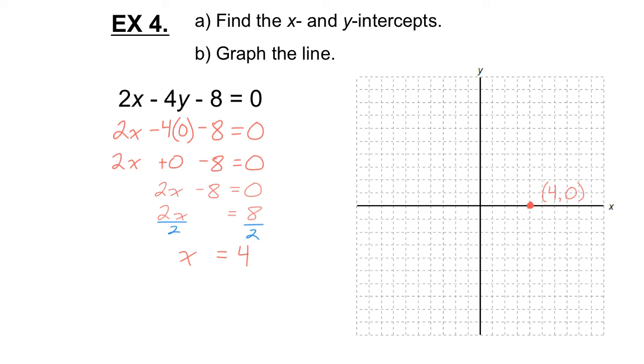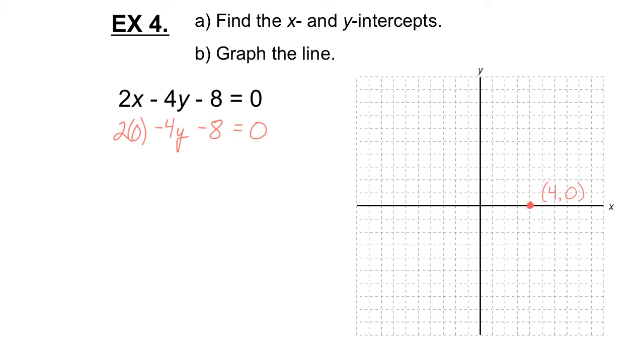That is our x-intercept. To find our y-intercept, we substitute 0 for x because the y-intercept happens when x is 0. So 2 times 0 is 0. So minus 4y minus 8 equals 0, which means minus 4y equals 8.